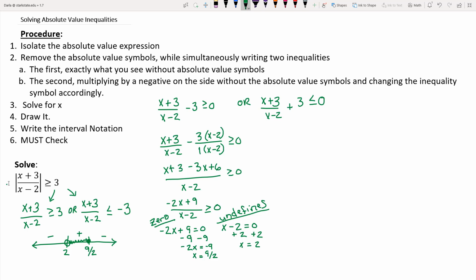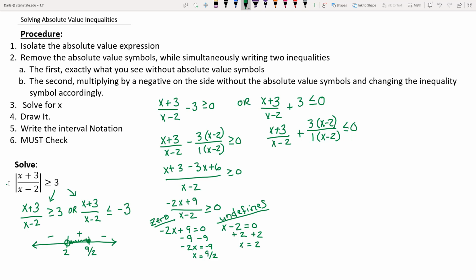We also have to consider the fact that x plus 3 over x minus 2 plus 3 is less than or equal to 0. So we'll rewrite that with a common denominator of x minus 2. So x minus 2 in the denominator, do the same thing in the numerator. And we know that whole value is going to be less than or equal to 0.